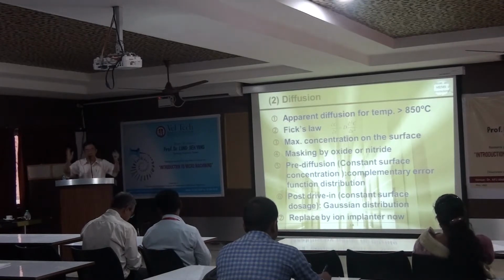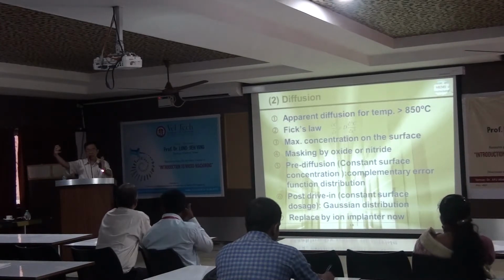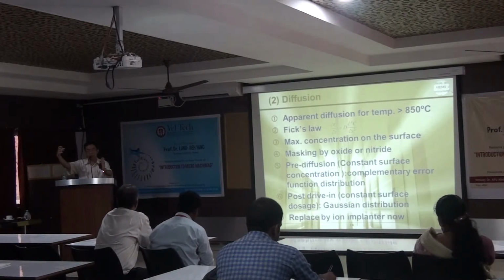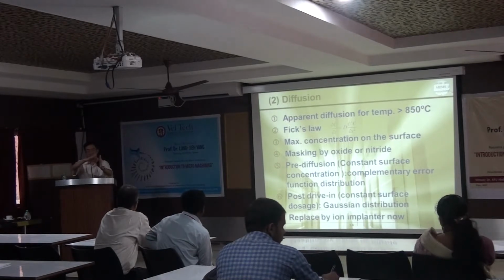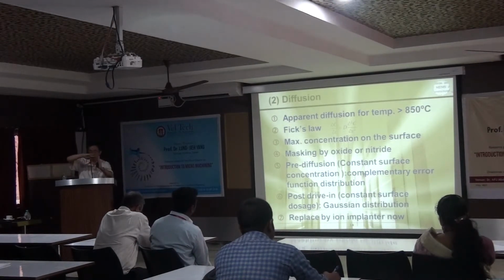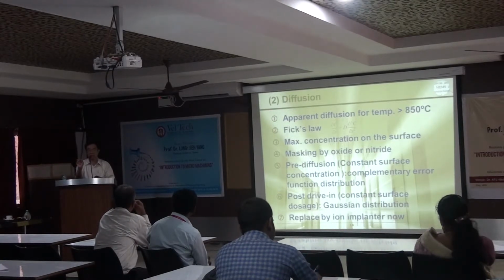In the high temperature furnace, we put the wafer inside, and then we release the dopant particles, which attach on the surface, and then gradually diffuse from the surface into the inside. It's something like a stain, right?